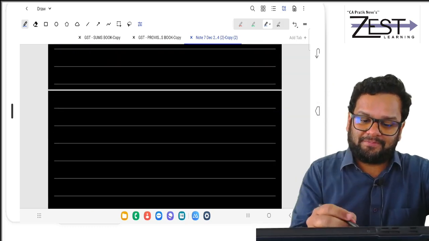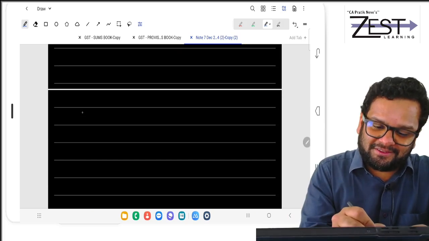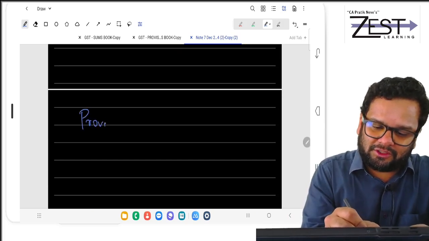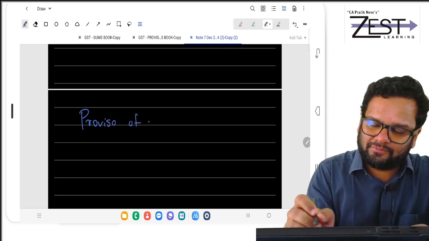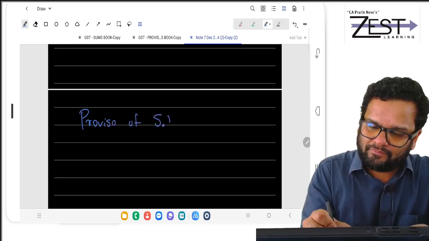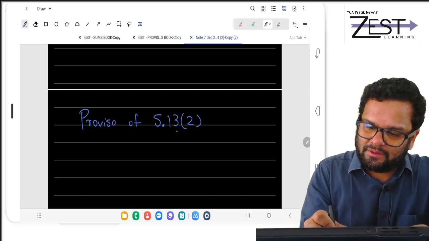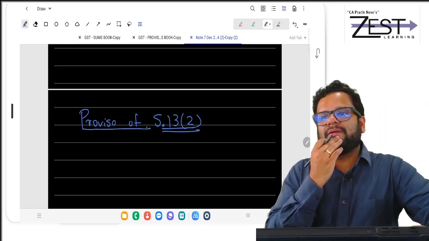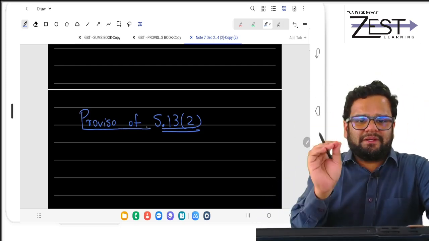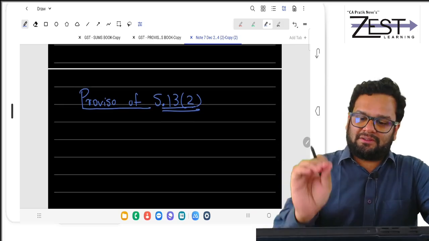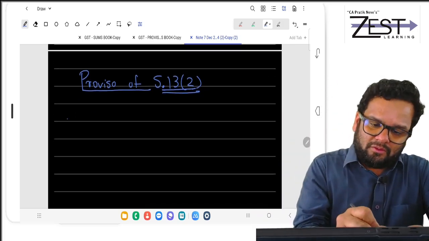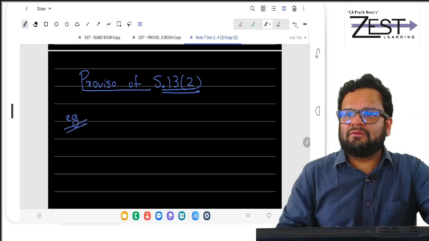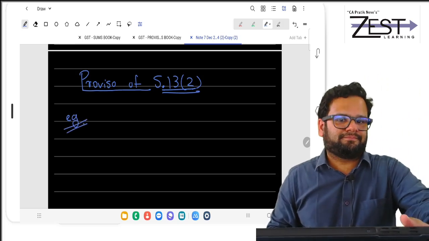So what is this proviso of 13(2)? It is a very practical and very nice proviso, worth appreciating for what they are trying to say.